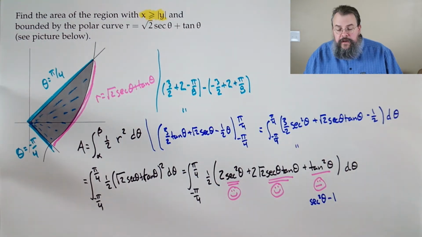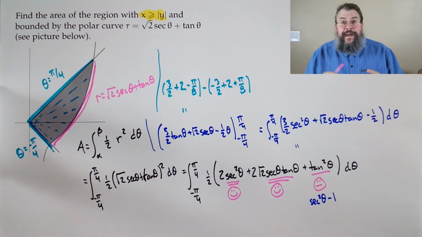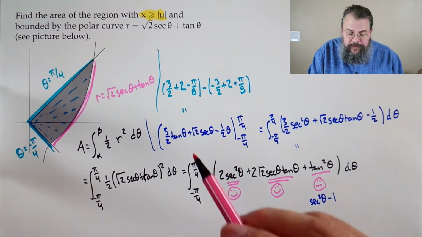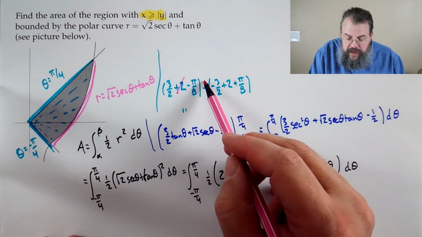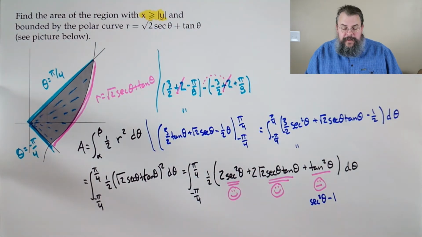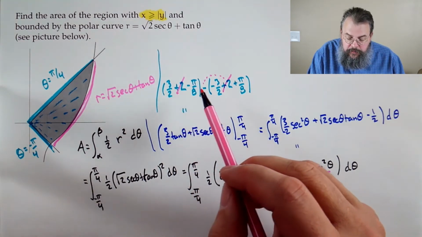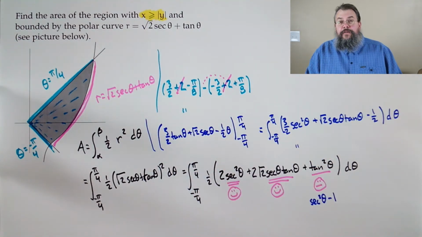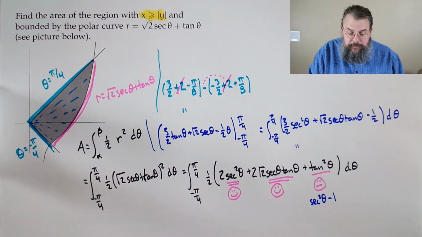Now from here, we're almost done. We can say, well, the 2's cancel because you have a plus 2 and this minus 2. Okay, so they were gone. Well, what isn't gone? Well, you have the 3 halves minus a minus 3 halves. Well, you can combine them together. So that gives us 3.